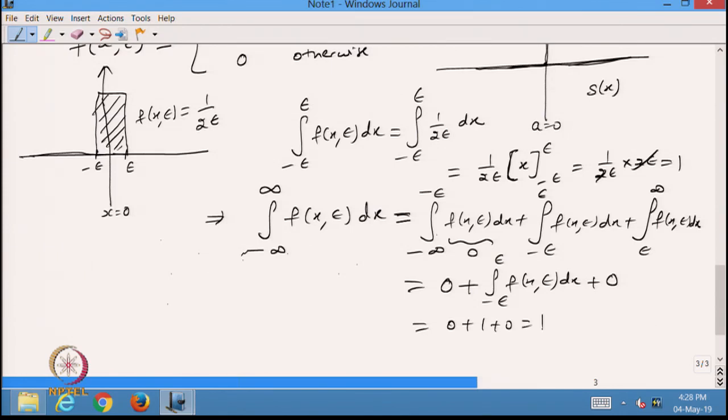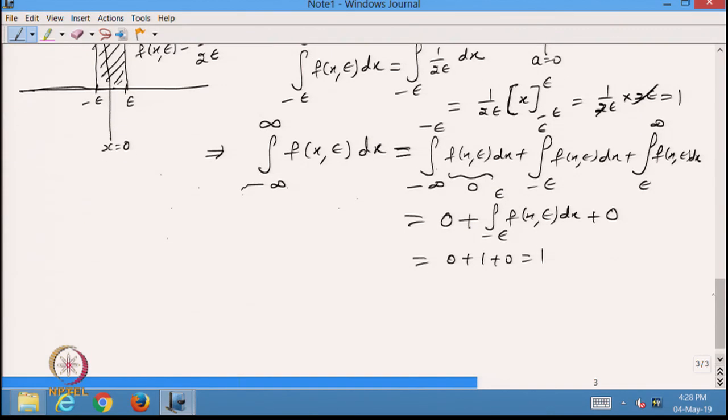So this will be 1. It means that if I integrate this function over the interval minus infinity to infinity, its value is also equal to 1. Similarly, I can do it for a finite interval from a to b, and its value will again be 1.